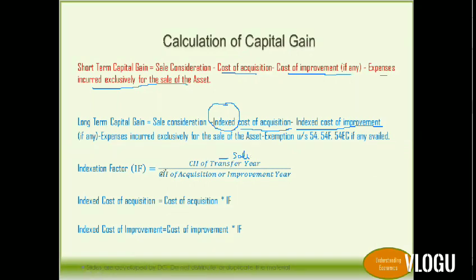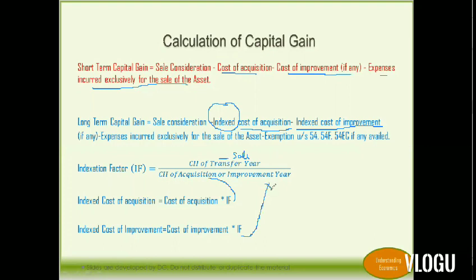And in the denominator, we consider the CII of the acquisition or the improvement year. So if we are considering the indexed cost of acquisition, then the cost of acquisition will be multiplied by the indexation factor where we consider the CII of the acquisition year. And if we are calculating the indexed cost of improvement, then the cost of improvement will be multiplied by the IF, where in the denominator we will use the improvement year.